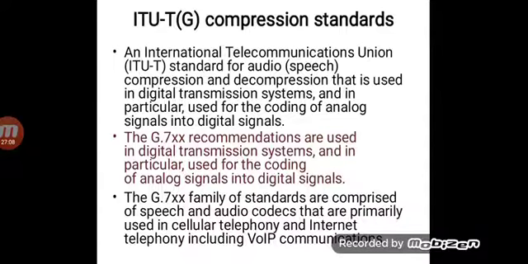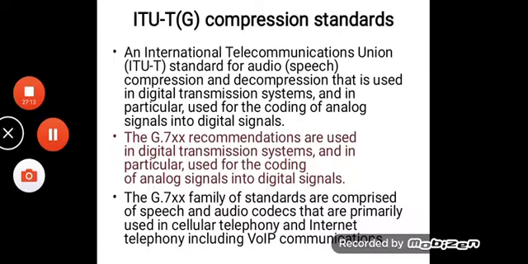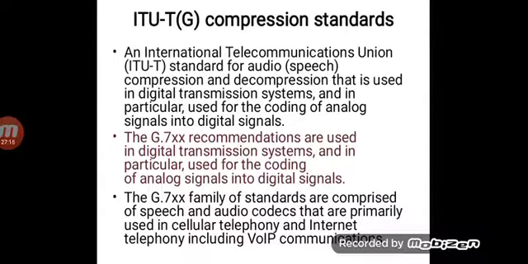So whenever we convert an analog signal into digital form, how do we go for the coding level? All the different kinds of codings that we use have been specified by this G.7xx standard.